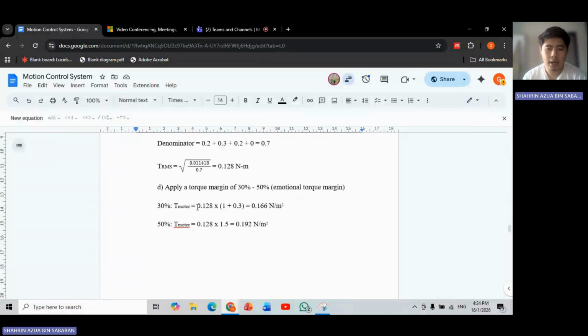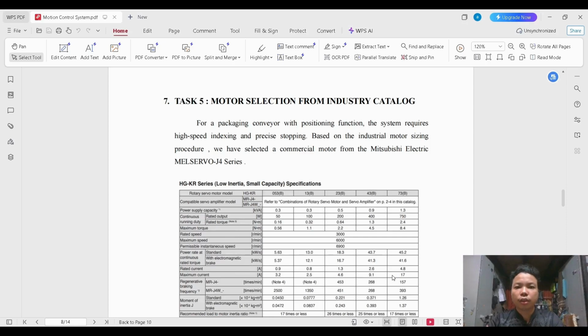The T_RMS is 0.128, and the margin is first 30%, which is 0.3. When we convert it, the answer for the 30% margin is 0.166 Nm. For 50%, the RMS 0.128 times 1 plus margin, which is 1.5. When we solve it, we get 0.192.